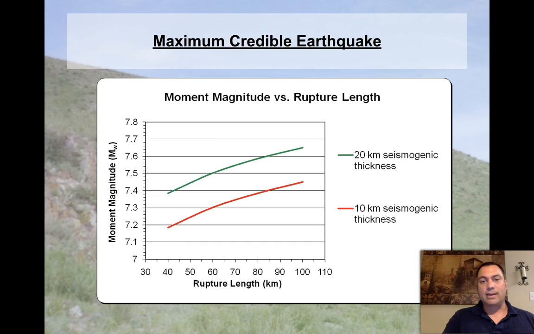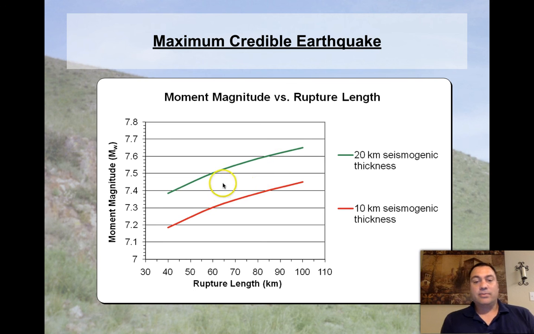This is where we get that evidence from. When we put together the seismogenic thickness versus the rupture length, and we're able to come up with a moment magnitude from published sources, the Hustain fault is quite capable of rupturing 100 kilometers. If we take the seismogenic thickness of the crust in Mongolia to 20 kilometers, which is completely reasonable, it's not unlikely to get a 7.6 magnitude earthquake on that fault.